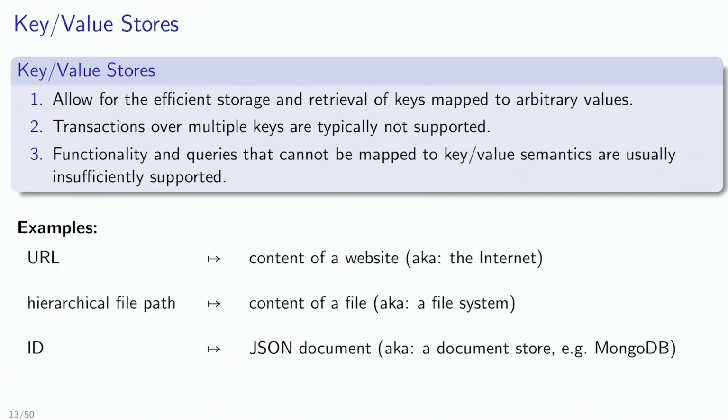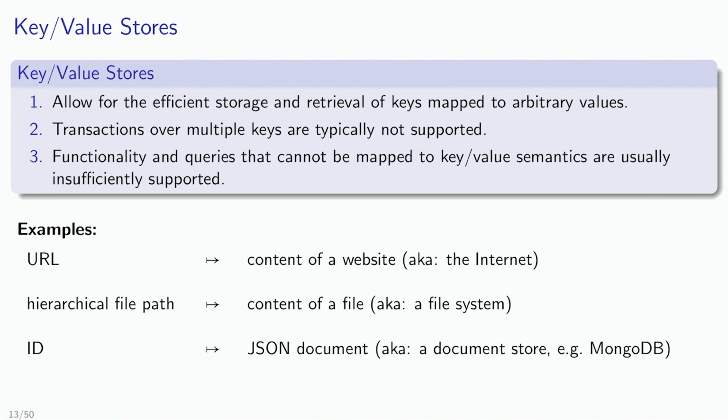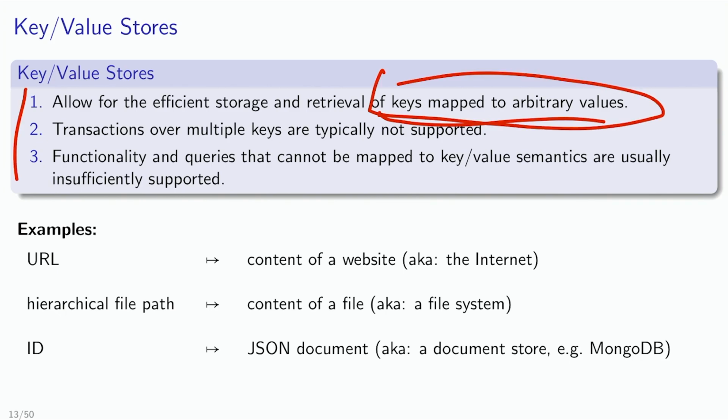Key value stores, that's also a weird topic actually. They allow for the efficient storage and retrieval of keys mapped to arbitrary values. Key is mapped to an arbitrary value. Transactions over multiple keys are typically not supported, so you can only have a transactional semantic on a specific key value mapping, but not multiple of them.